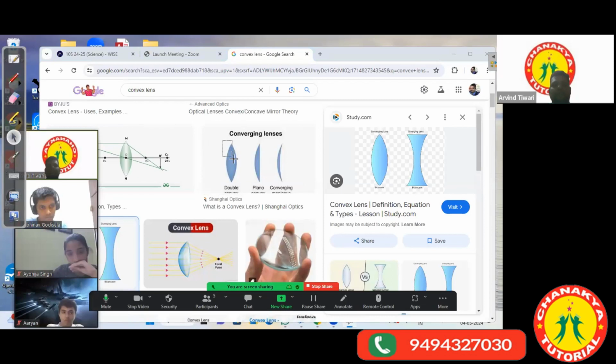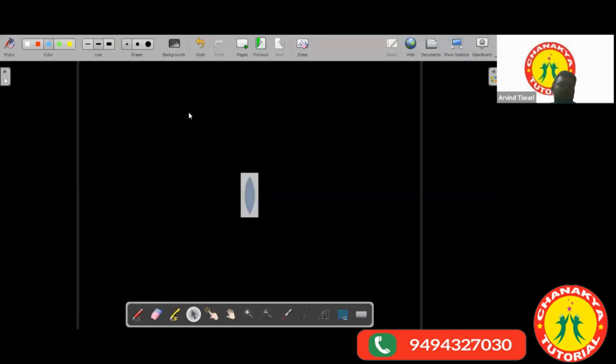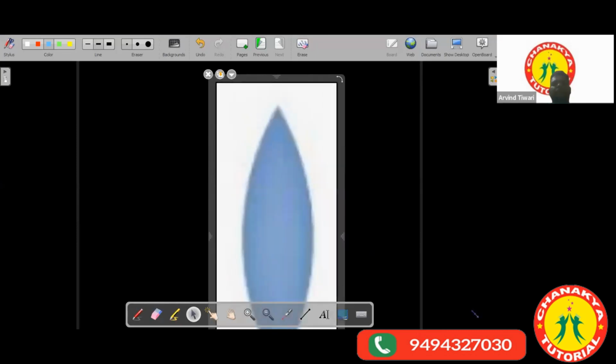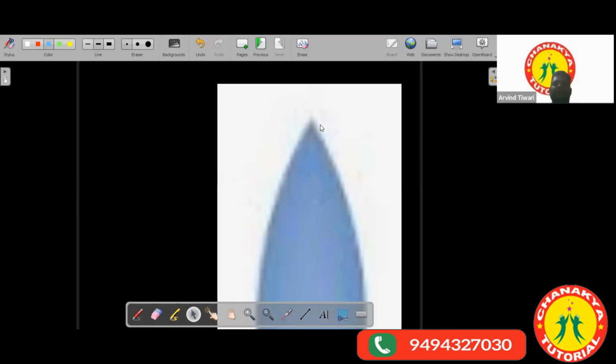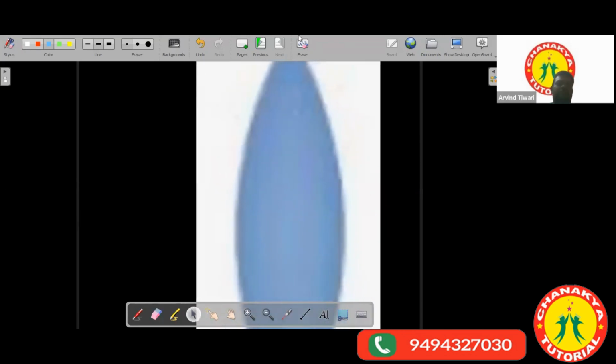This is a lens, and all of you can see that this is a convex lens, right? But what if I zoom it a lot? Here I have zoomed it just this much, but if I zoom it even bigger, will you be able to observe it as a convex lens?